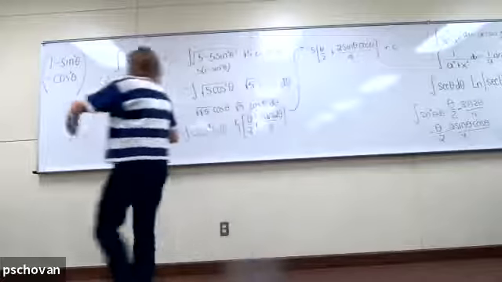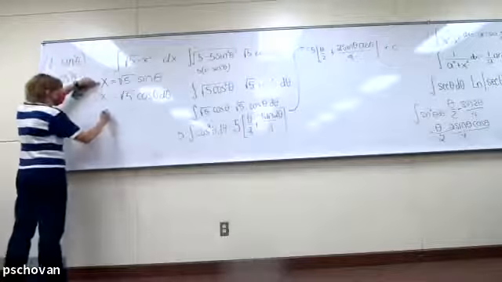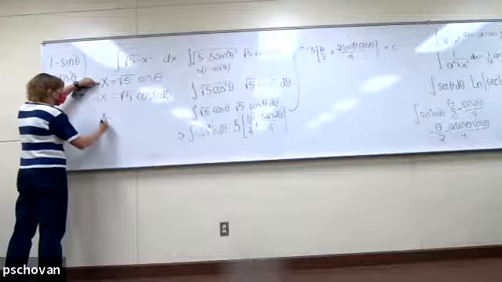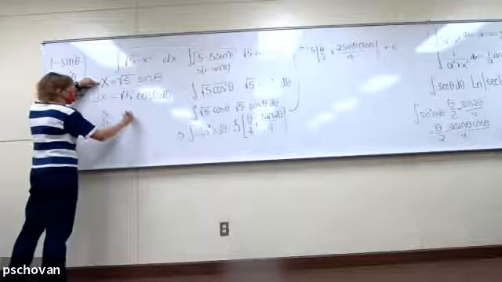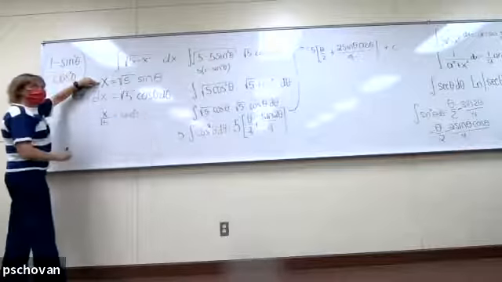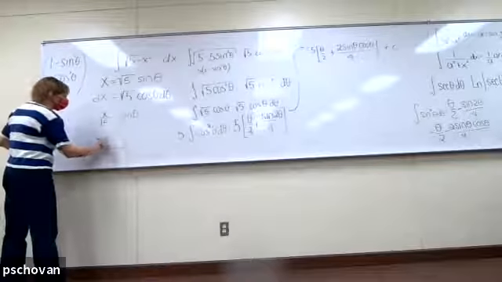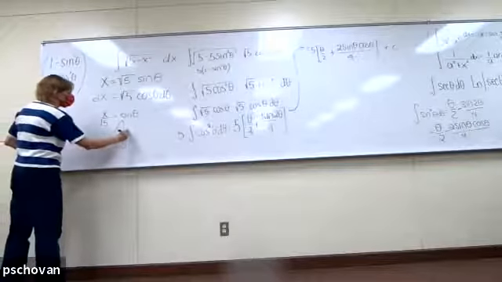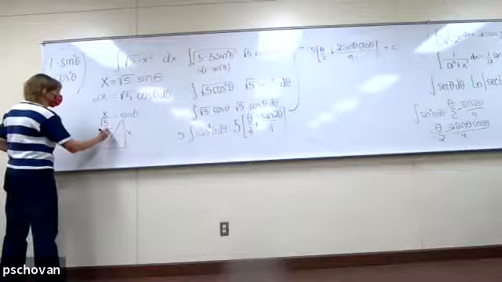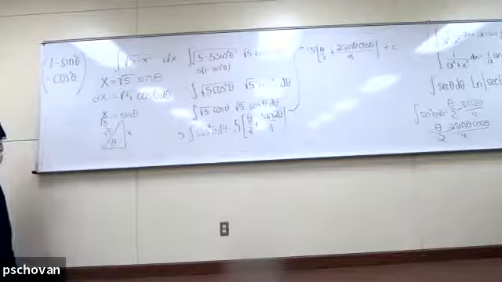Now this says that x over the square root of 5 is the sine of theta. So I can get the cosine of theta. x is the opposite side, the square root of 5 is the hypotenuse.